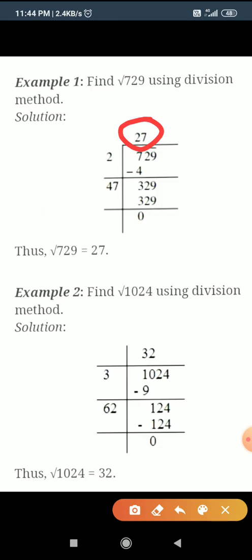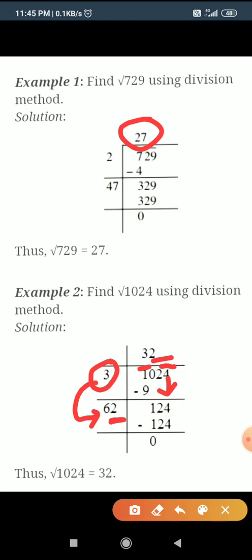Let us take another example. Here also in 1024 we will make pairs like this, 24 and 10. Then think of a number whose square is less than or equal to 10. The square of 3 is 9. So we will take 3 into 3 is 9. Subtract it and you will get 1. Bring down this 24, so 124 will be the remainder. Then double this divisor. Here you will get 6, and this is blank.